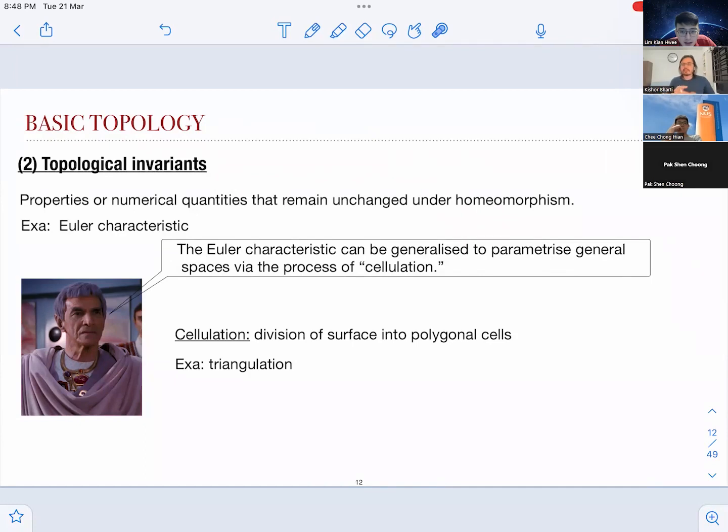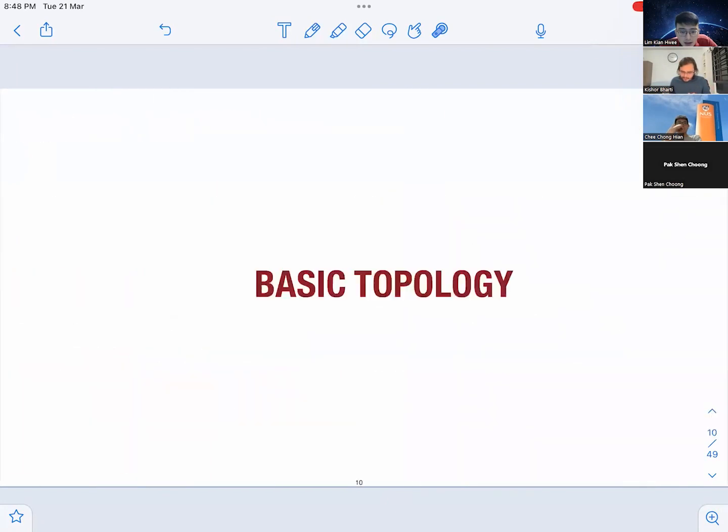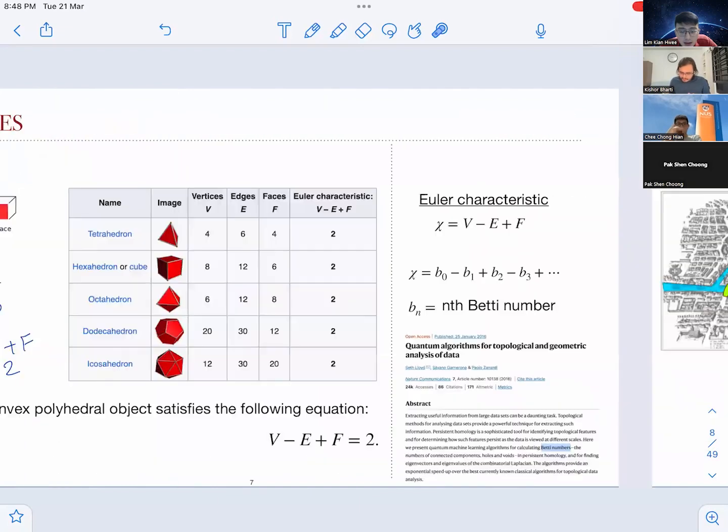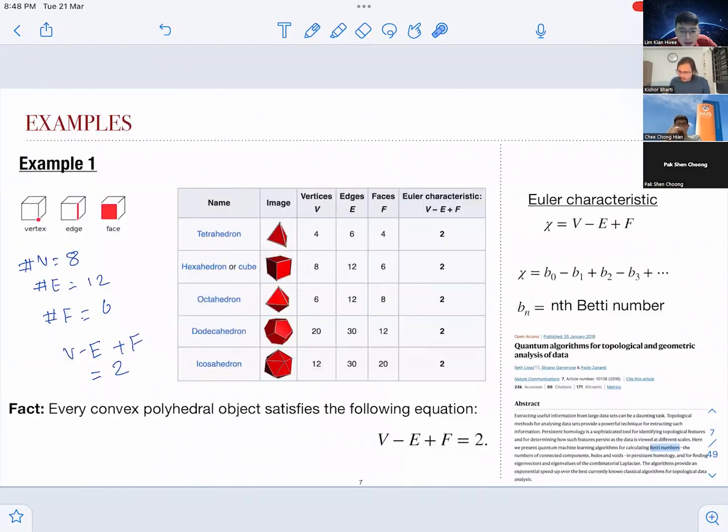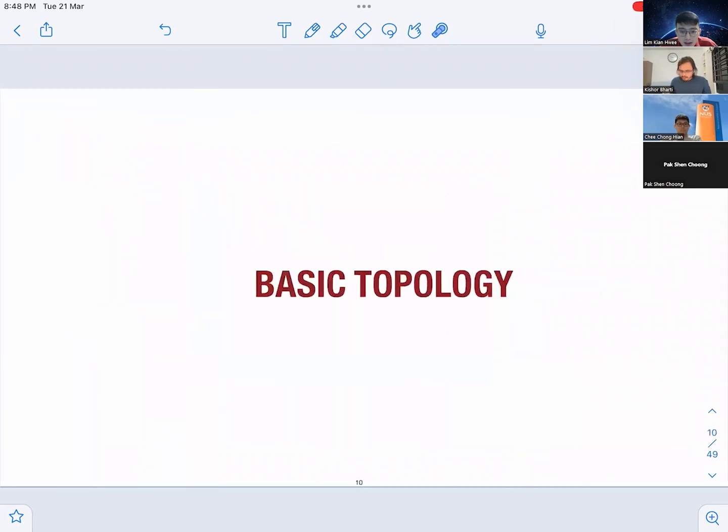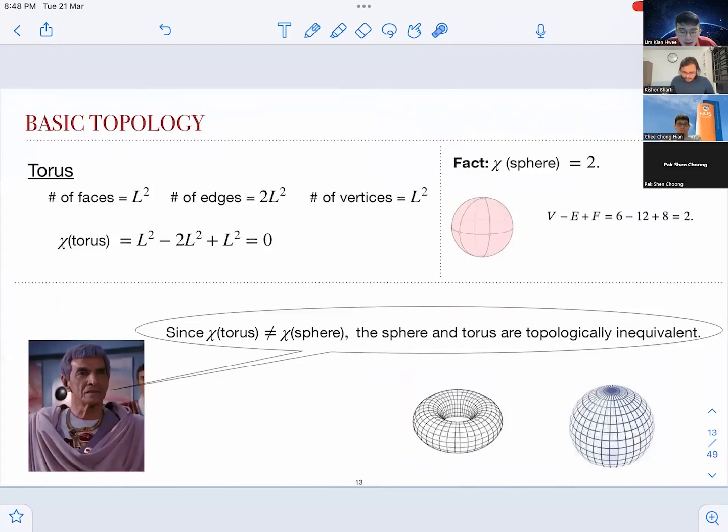So the objects in the same equivalence class should have the same number associated to them. For example, this quantity that we had here, the Euler characteristic, is one such topological invariant. For all of them it's the same number, 2, 2, 2, and so on. So that's nice, very good.